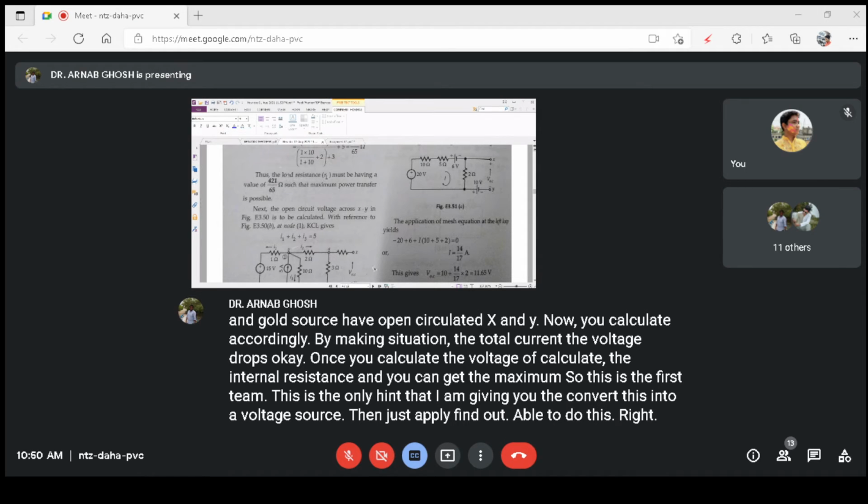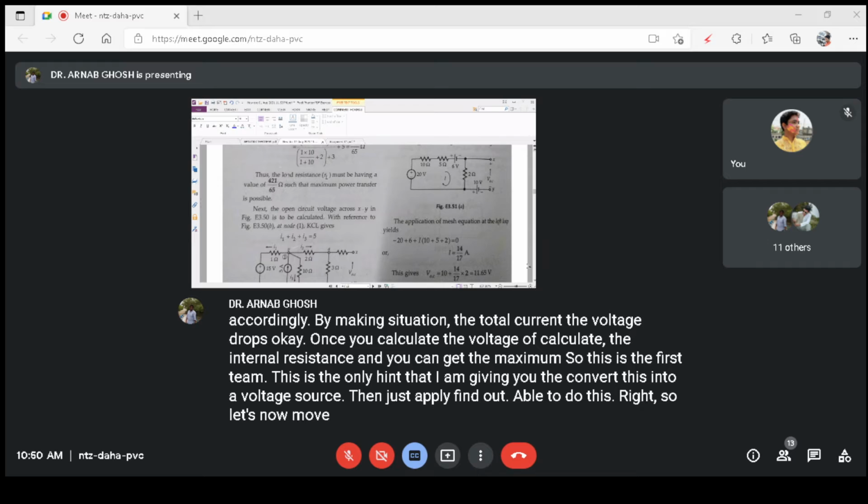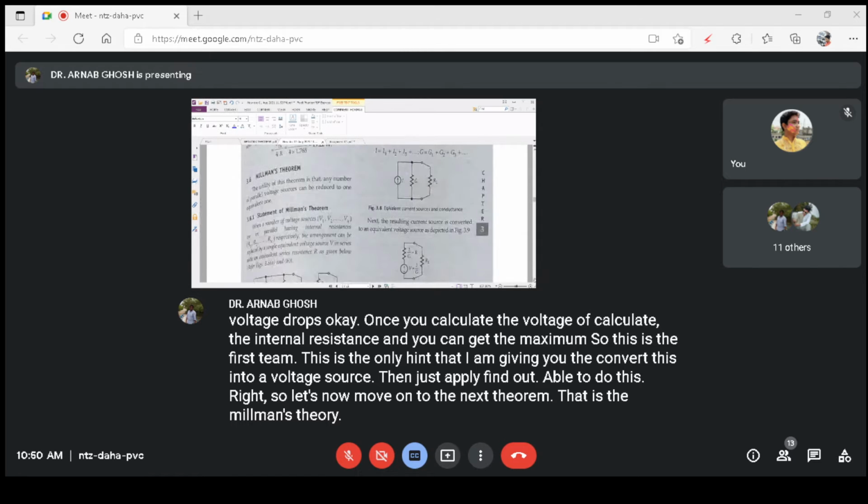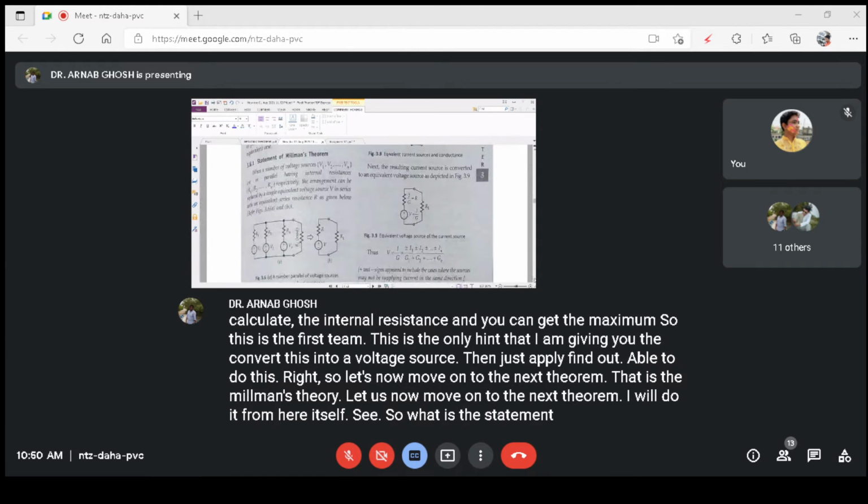Right? So let's now move on to the next theorem, that is Millman's theorem. What is Millman's theorem stating?